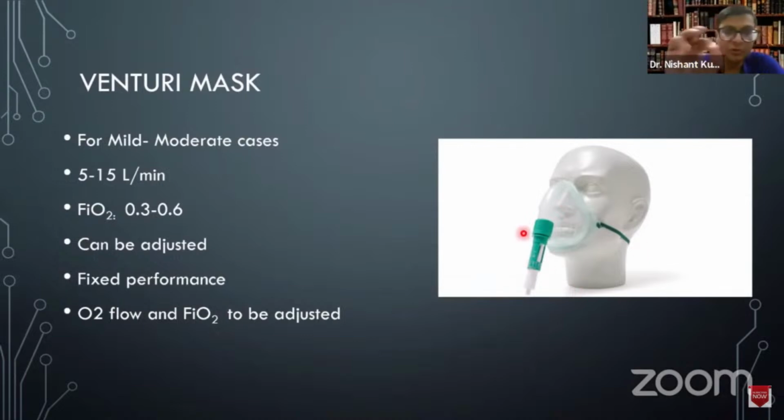You can know how much oxygen the patient is receiving, and you can titrate the percentage of oxygen to be given to the patient to maintain an acceptable saturation, whatever target has been set for the patient. That's why this is a fixed performance device. It does not depend on the patient effort, and the FiO2 delivered will not vary. It will depend on the oxygen flow and the FiO2 that you have set on the device.